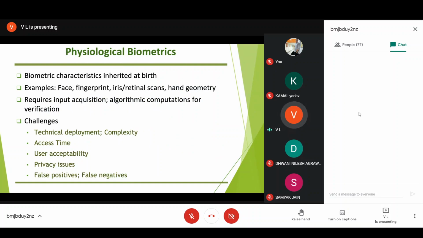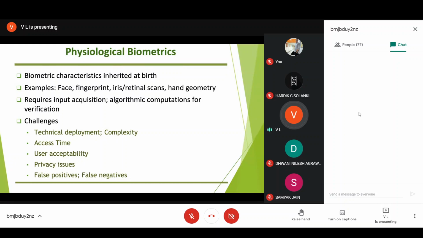Physiological biometrics have the following problems. One thing is deployment and the complexity of the physiological biometric. For example, if you're using speech as a biometric, then the person is required to say something, and because a person can speak the same thing again and again differently, she may have a sore throat or may not be feeling well.